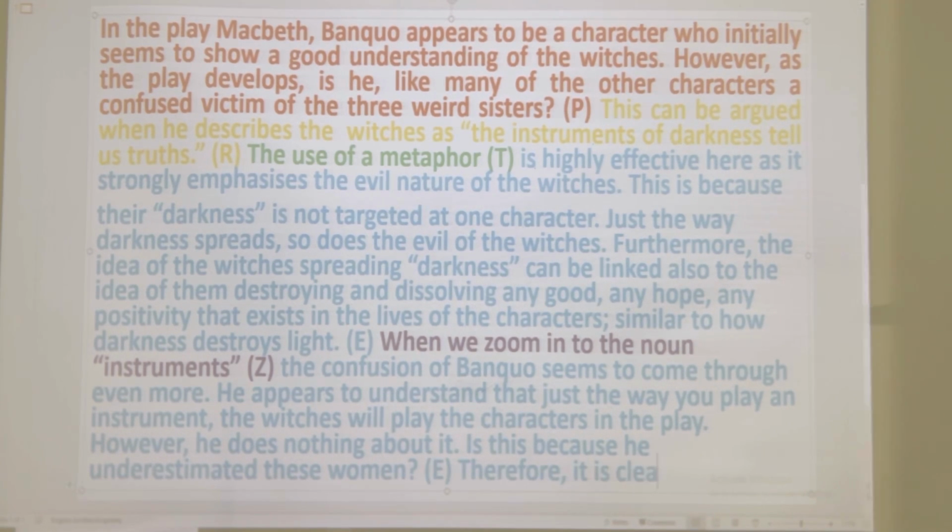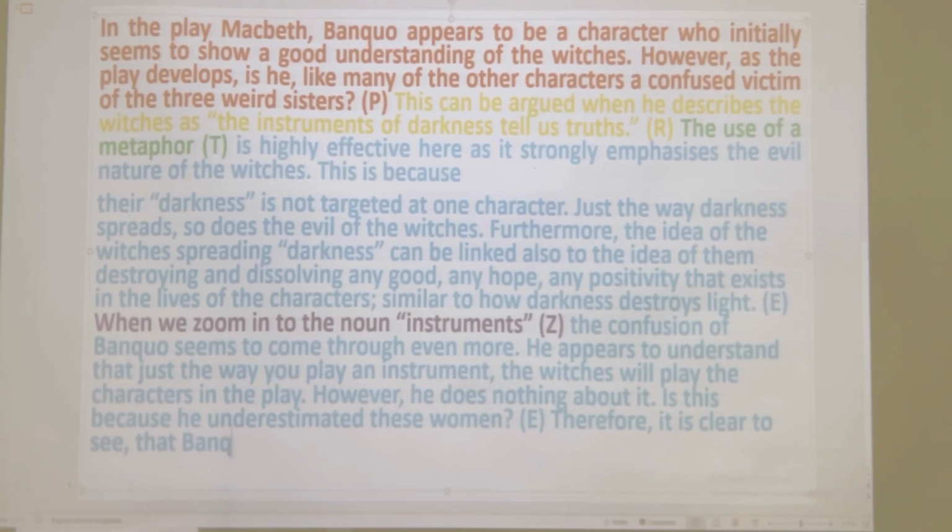It's clear to see that Banquo as a character does appear to have a good grasp on the evil nature of the witches.